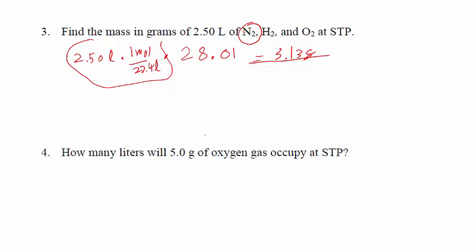How many liters will 5.0 grams of gas occupy? Well, it's the same idea. Here I'm multiplying instead of dividing. So I have 5.0 grams times 1 mole per 32 grams times 22.4 liters per mole.